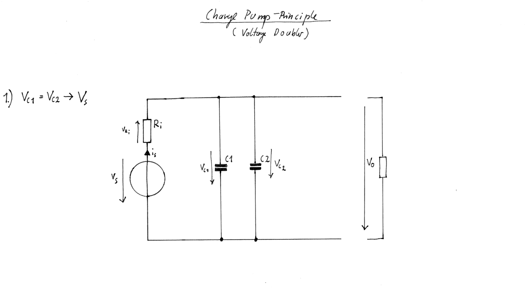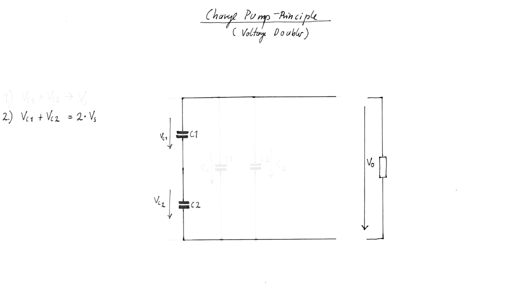Even though the capacitors can never reach the actual voltage of the source, they can easily be charged to 99.9% of the source voltage, which we will call Vs for the sake of easier understanding. Once the capacitors have reached that voltage, you disconnect C1 and C2 from the source in this way. Then you quickly connect them in series.